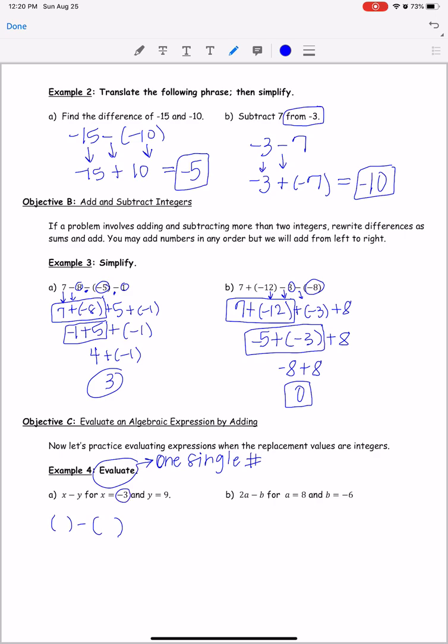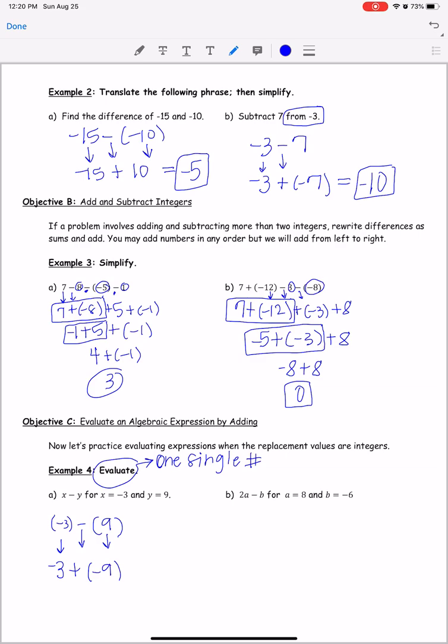My x is negative 3. And my y is a 9. So we have a subtraction problem. So keep, change, flip. Keep the negative 3. Change the subtraction sign to an addition sign, and flip this second number. So that positive 9 becomes a negative 9.